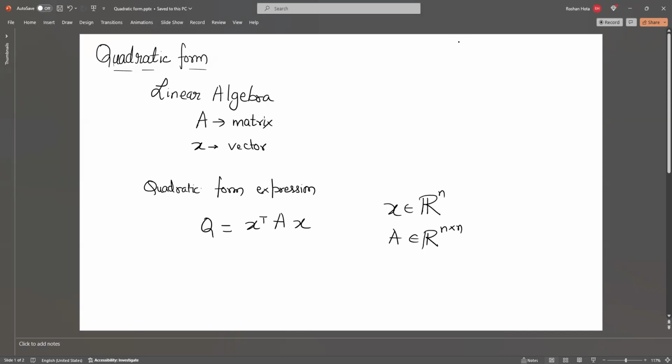Q is called the quadratic form, and Q is a scalar quadratic expression in xi's. This will be clearer when I give an example.